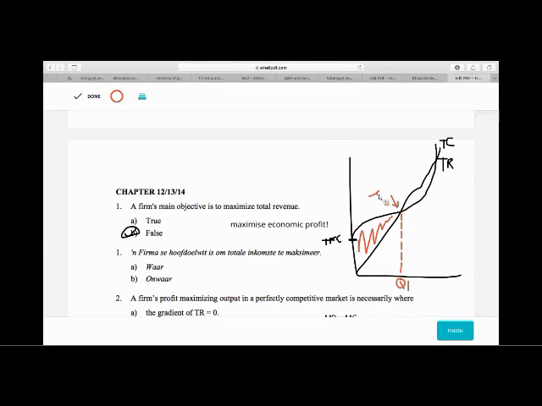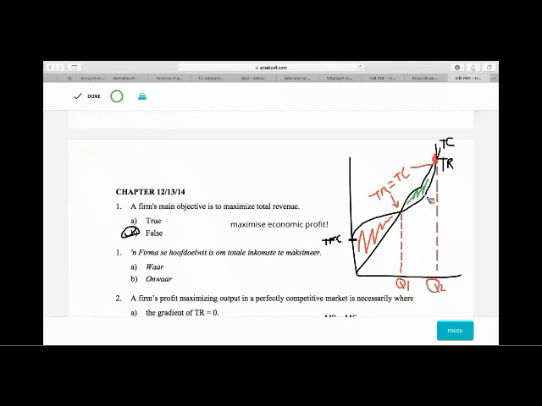It's then also the case that the firm is going to make normal profit at this point here, because again, total revenue equals total cost. So these two quantities, quantity 1 and quantity 2, represent zero economic profit. Anything below quantity 1 is economic loss. Anything above quantity 2 is economic loss. So it's in between quantity 1 and quantity 2 where the firm makes economic profit.